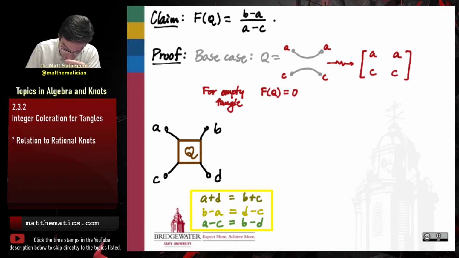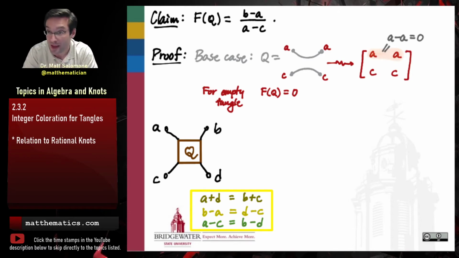And we can check that when I take the difference in the columns divided by the difference in the rows. The difference between A and A is 0, and I divide it by the difference in the other direction, which here is A minus C. By hypothesis this is not equal to 0, because we always want to start our coloration with two different integers.